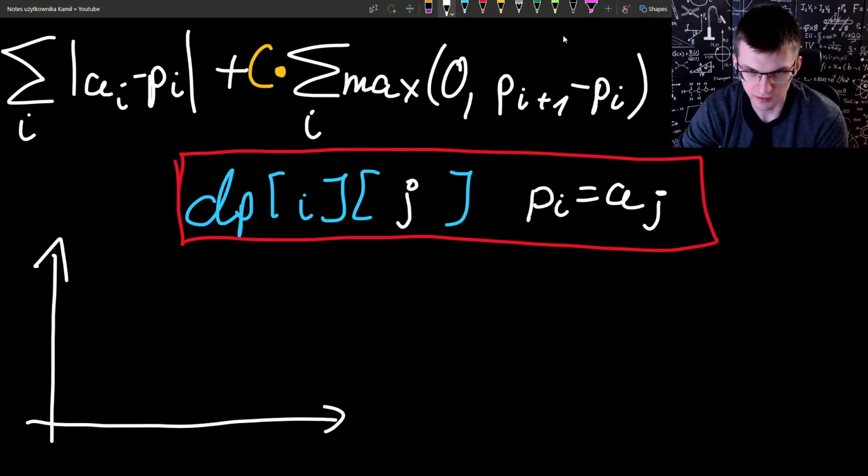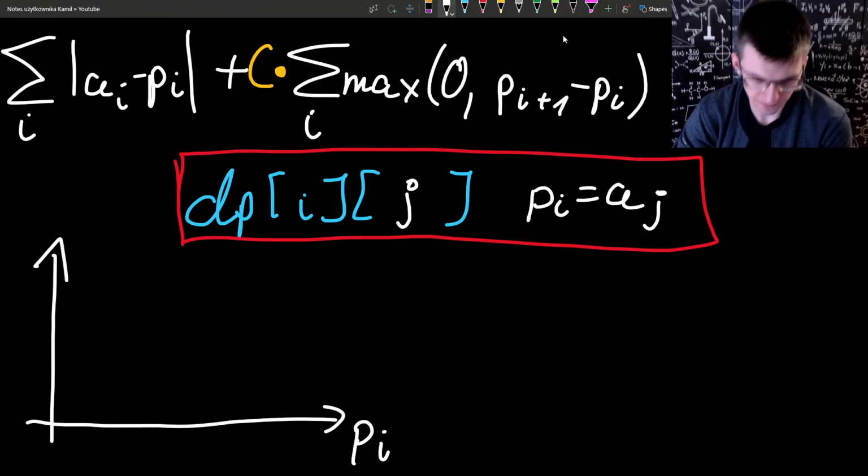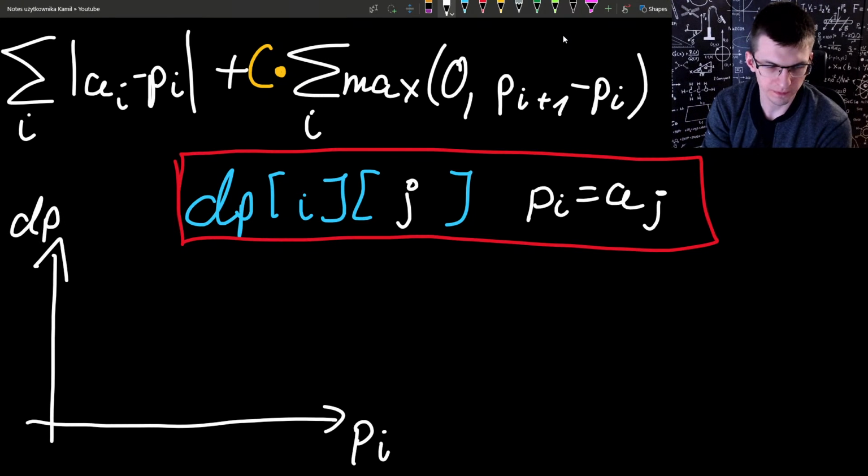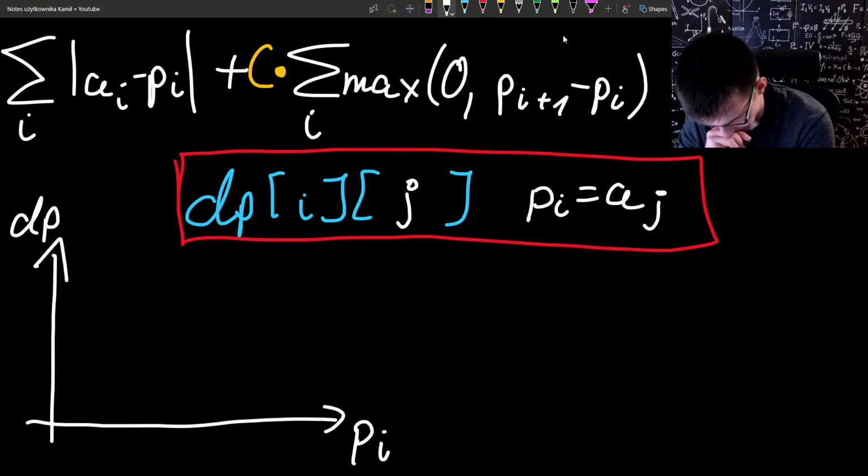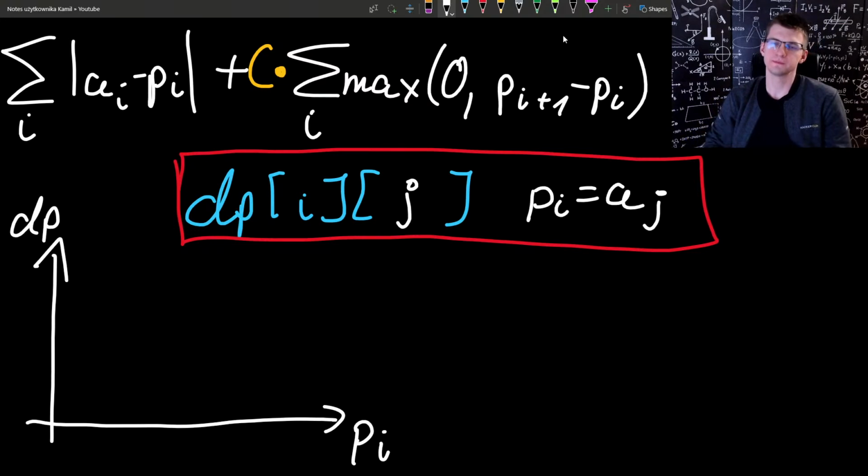For fixed i, depending on the value p_i, I investigate the value of dp. Well, the cost so far. If I'm between two values, so that's some a_j and a_k, then for sure one of them is just worse than the other.